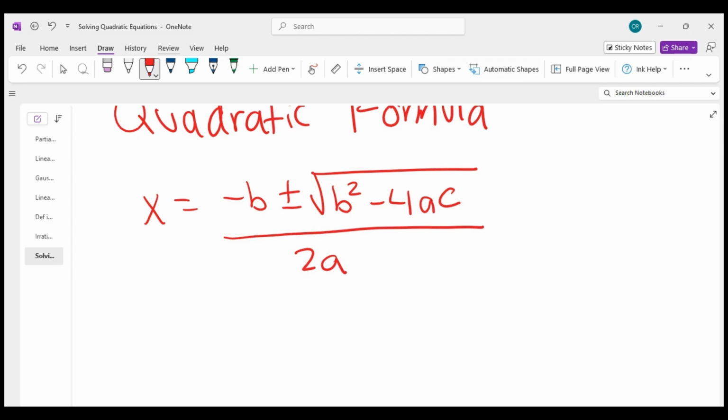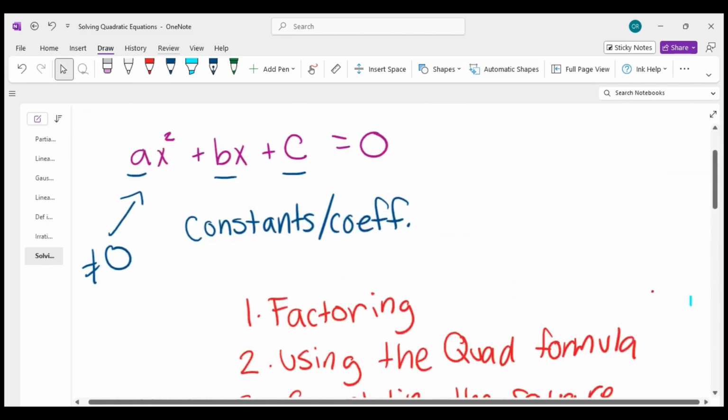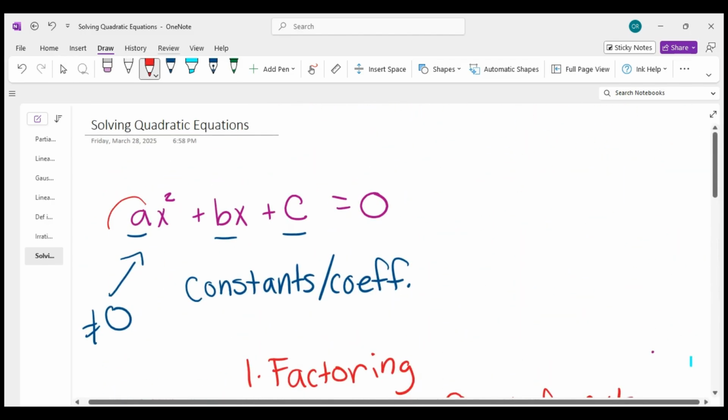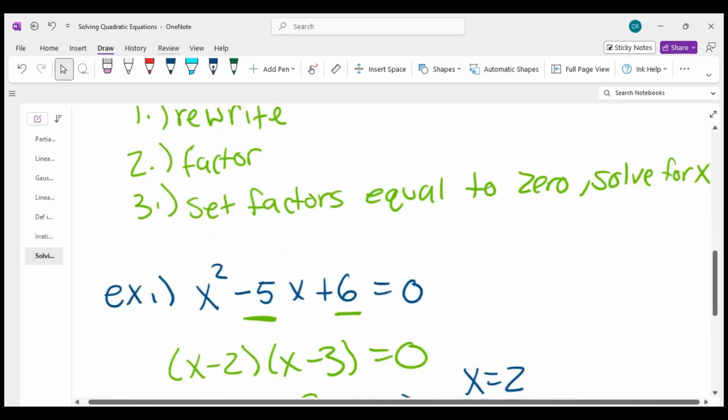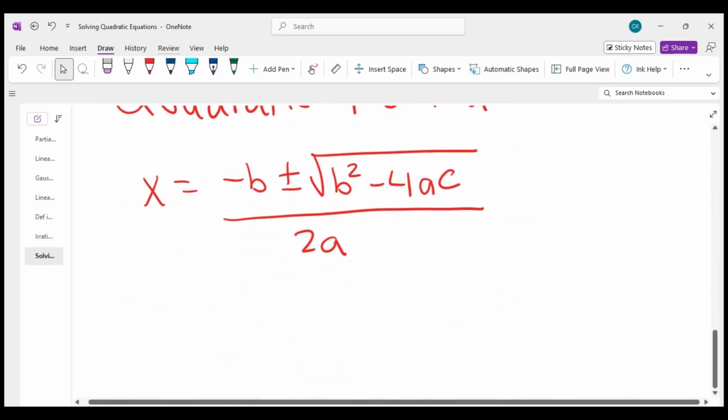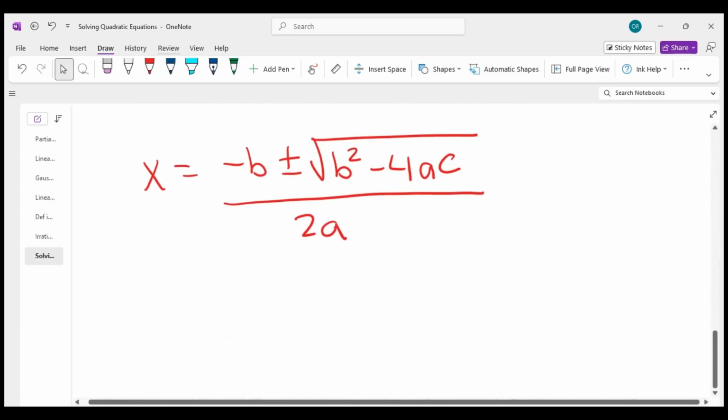And this is where, from our standard form, our a's, our b's, and our c's come into play. You don't really see it a whole lot coming into play during factoring, but this is why the quadratic formula was kind of made.